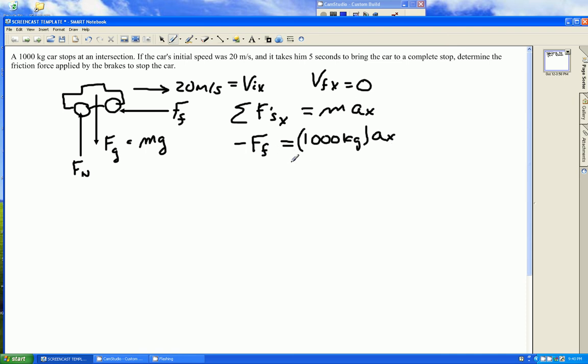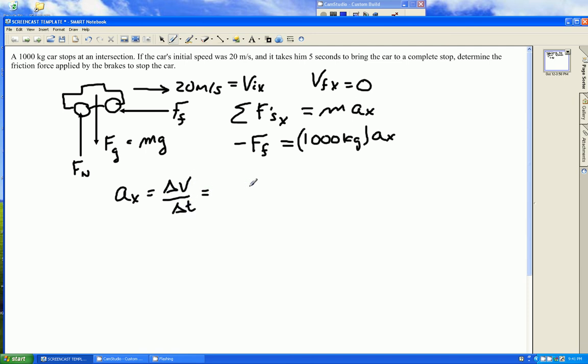Well, we have one equation here with two unknowns, and we have to figure out what one of the unknowns is before we can solve this. It appears that we have enough information to solve for the acceleration of the car in the x direction. By definition, it's the change in velocity in the x direction over the change in time.